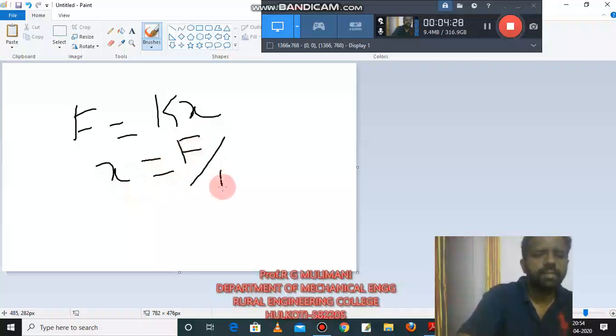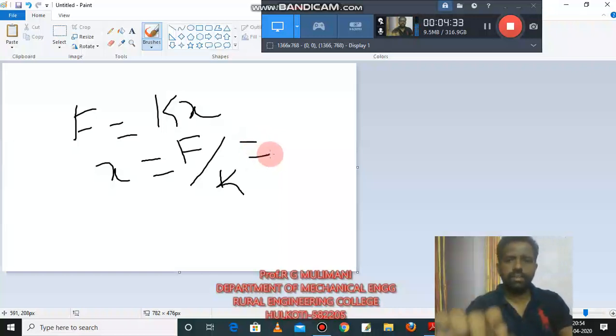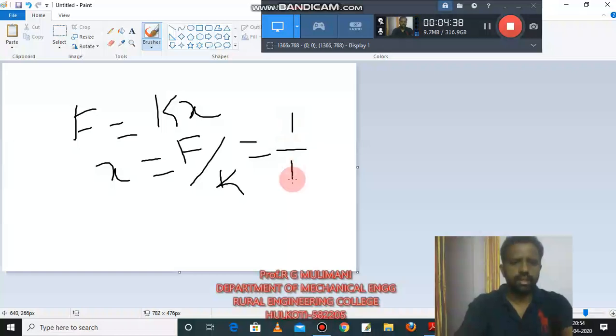So X is equal to force divided by K. But in the influence coefficient, it is for the unit force applied, so force is always unit, so it is 1 by K. It is the reciprocal of the spring stiffness.